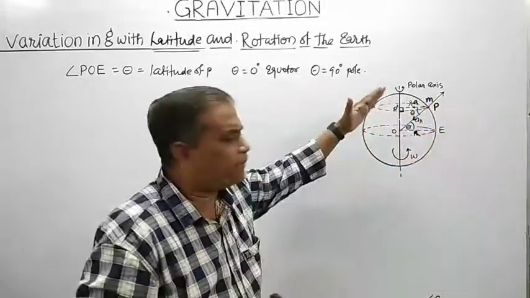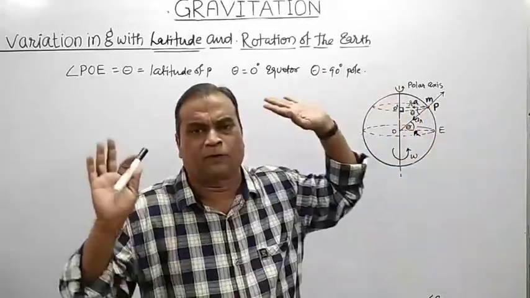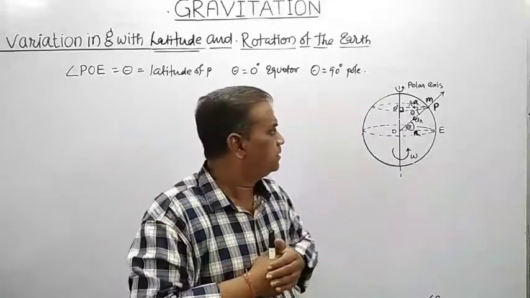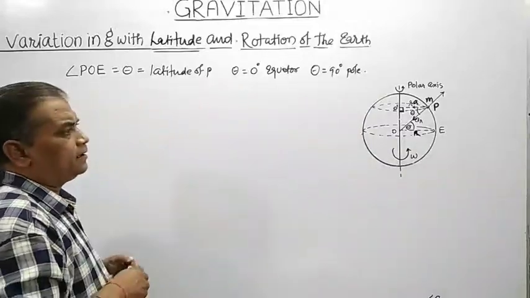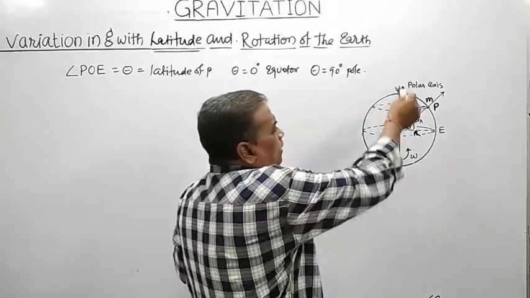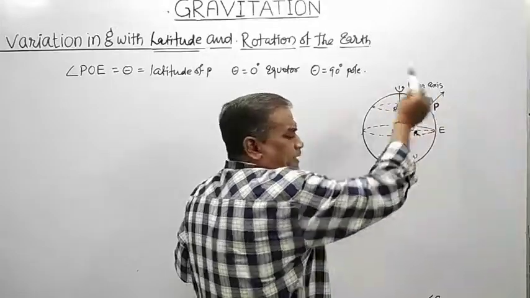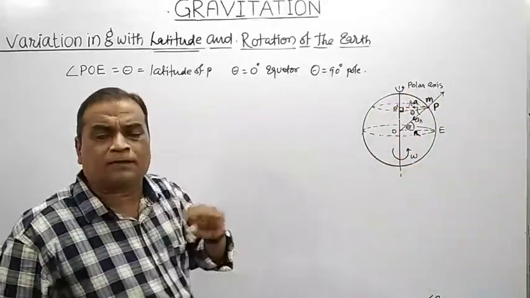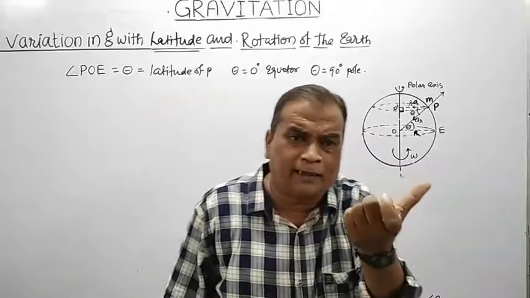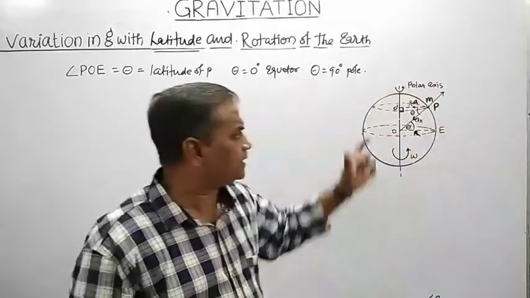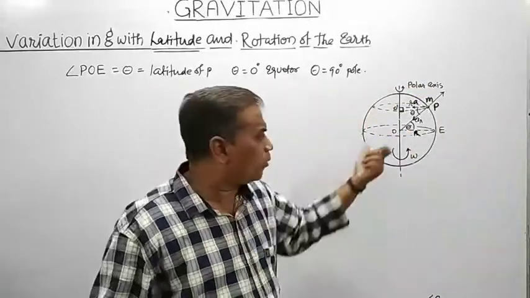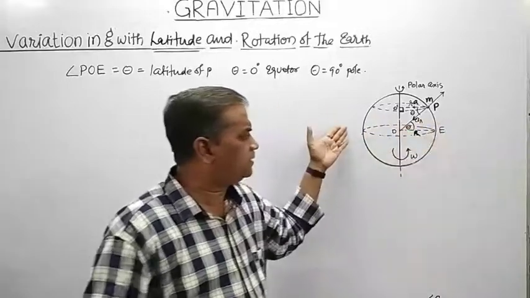Angle made by the radius vector or position vector with the equatorial plane of the Earth. Now see here, this is the polar axis, the vertical line. It represents what? The polar axis of Earth. Earth rotates about its polar axis. See here, this is east, this is west.